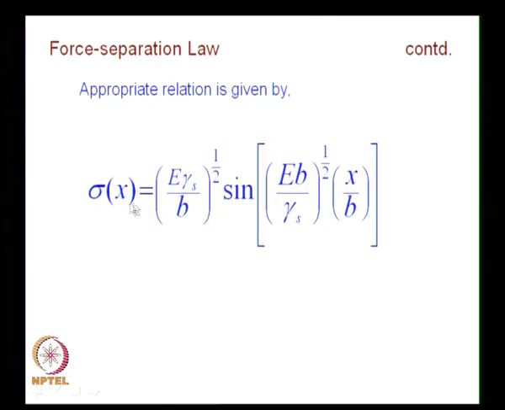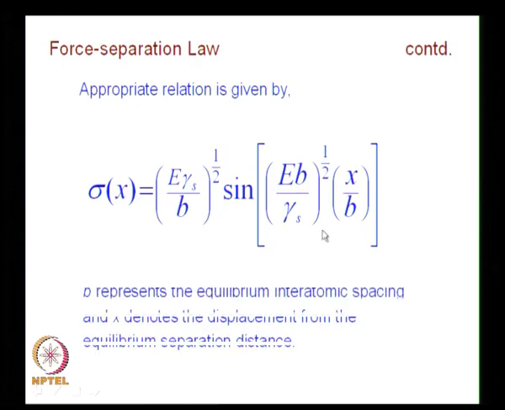Sigma as a function of x is given as (E gamma s divided by b) whole power half multiplied by sine of ((E b divided by gamma s) whole power half times x by b), where b represents the equilibrium interatomic spacing, that is what you had seen in the sketch, and x denotes the displacement from the equilibrium separation distance.